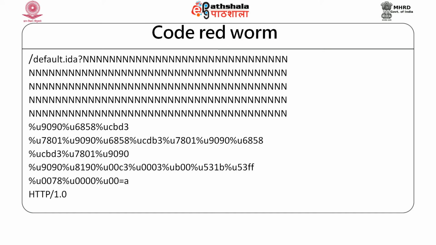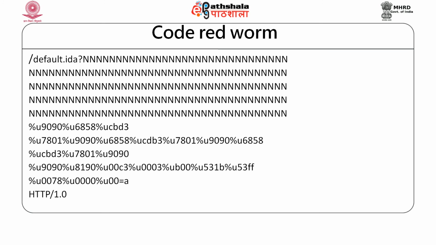On the screen, I am showing you the pattern for the Code Red worm. It always starts with a slash and default.ida characters, a question mark, and then a repetitive number of N. Then it goes as %u9090 %u6858 %ucbd3. You can see on the screen the next few lines of how the pattern follows, and the last is HTTP/1.0.